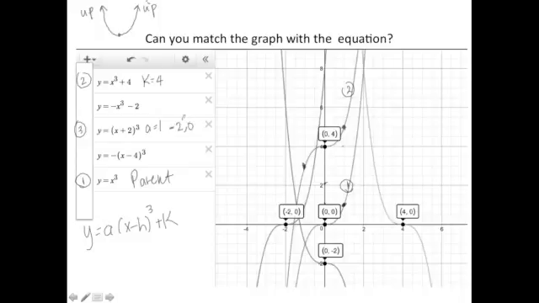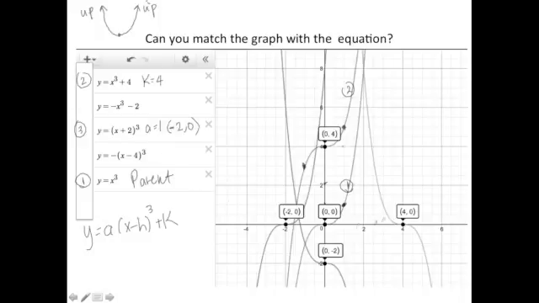And the K value is 0. The turning point would be -2, 0. Just by looking at the equation, the turning point would be -2, 0, because my H value is -2.